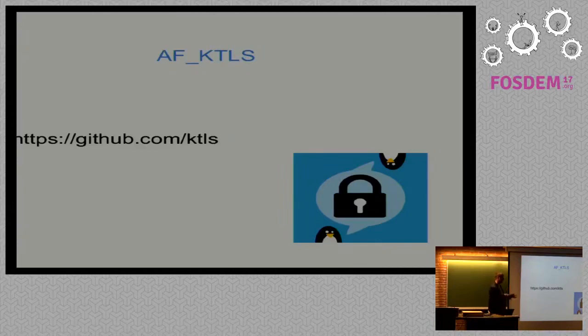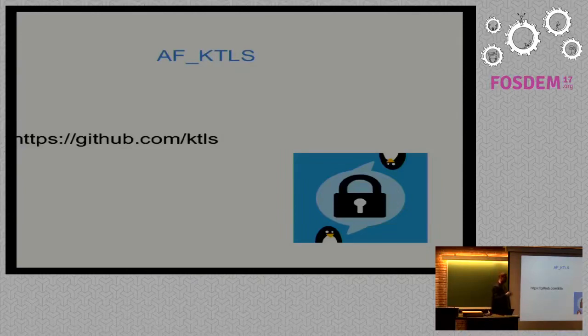Once you instantiate the session properly, you have all the keys and you pass the key material to AFK TLS. You can use the record layer just to send and receive data, and you get unencrypted data in user space. The only issue here is when, for example, your opponent wants to negotiate new keys, then the kernel has to know some way to tell user space, hey, I have to negotiate new keys.